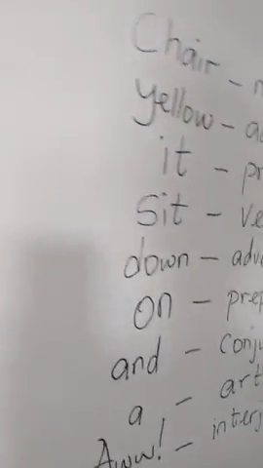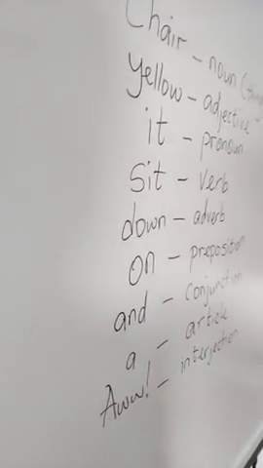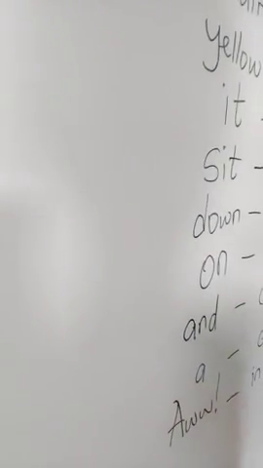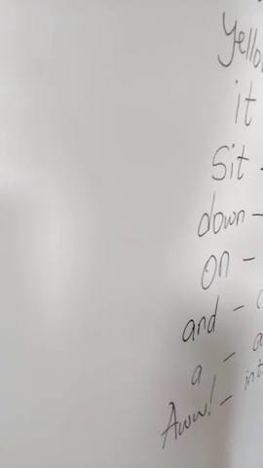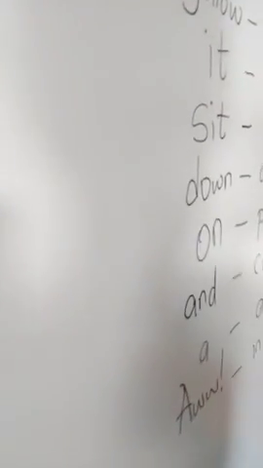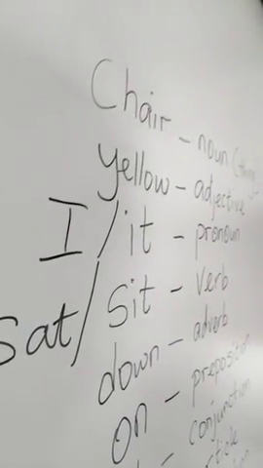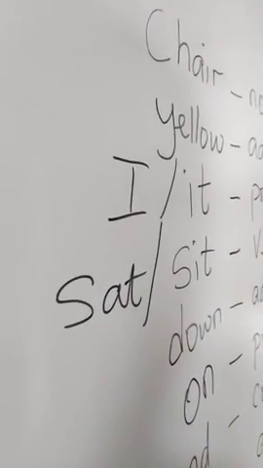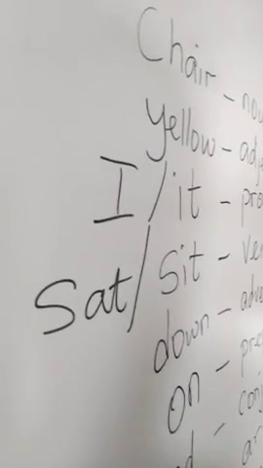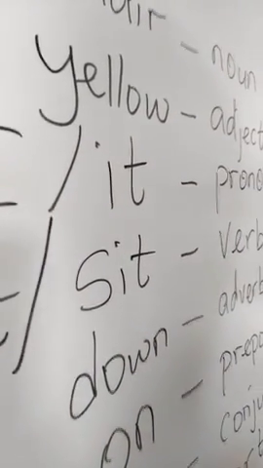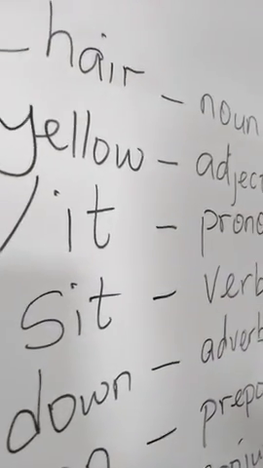We're going to try with the first one. Let's try eat. Let's try the past tense of sit. Sat. Let's try another form of it. We can use I. Okay, so let's try again. We can go I sat on a.